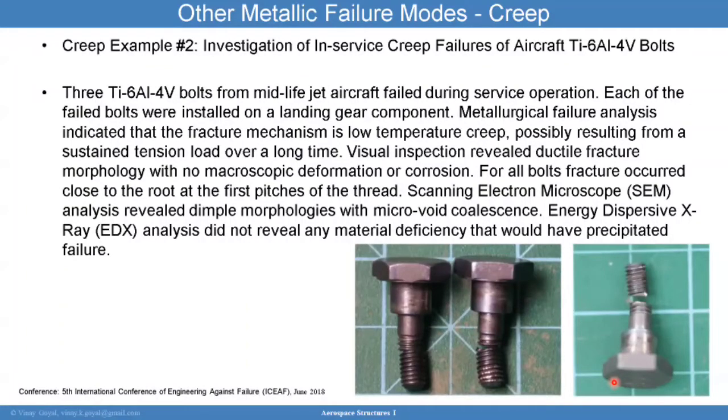A metallurgical failure analysis indicated that the fracture mechanism was low temperature creep, possibly resulting from a sustained tension load over a long period of time. Visual inspection revealed ductile fracture morphology with no macroscopic deformation or corrosion. For all bolts, fracture occurred close to the root, and you can see here it was close to the root, at the first couple of pitches of the threads.